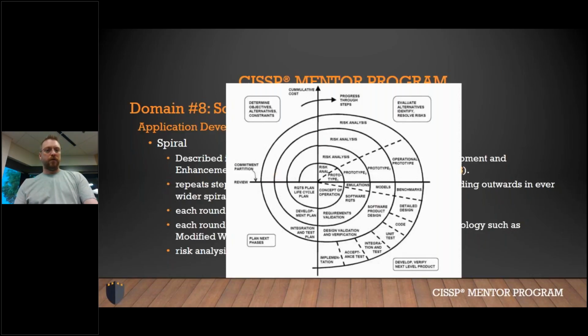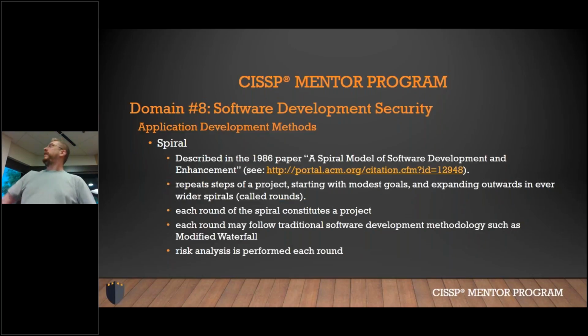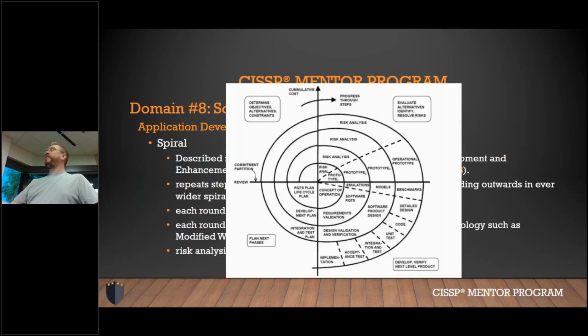So each step or each spiral is its own project. And each spiral or each round could be its own development methodology, whatever that is. So just understand, kind of like the seashell, we're going to go in spirals, and each spiral is its own project.